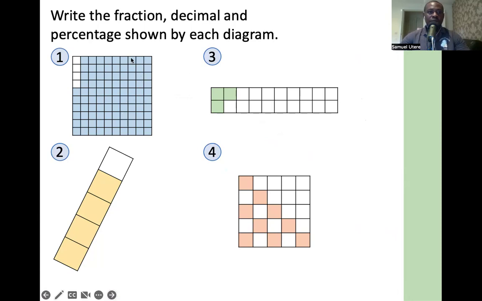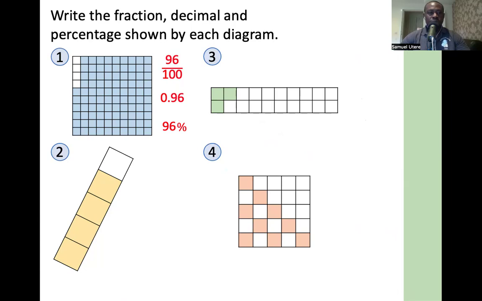So you're not going to start counting all these. You can simply say, well, I have 4 that is not shaded. Therefore, 4 out of 100 is 96. So 96 whole squares are shaded. So this means 96 out of 100, which is 0.96, which is the same thing as 96%.